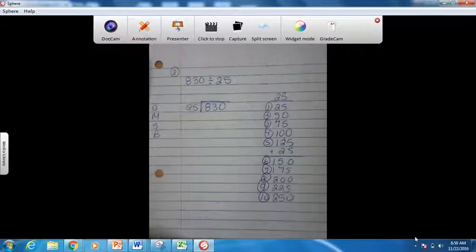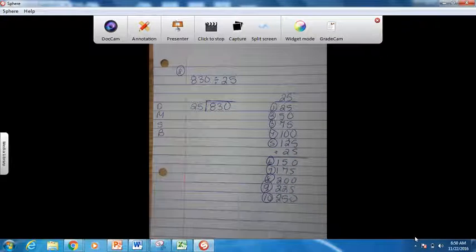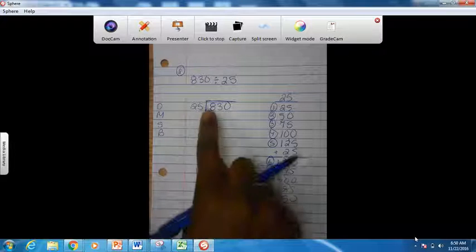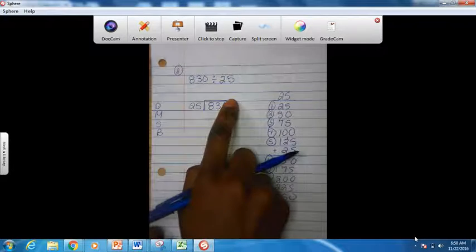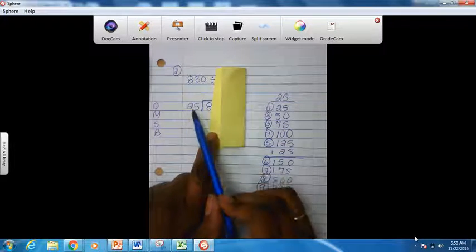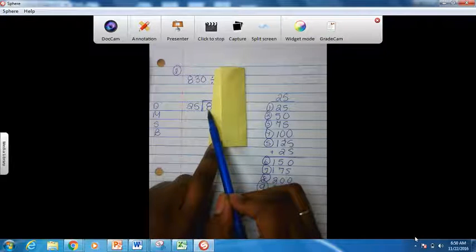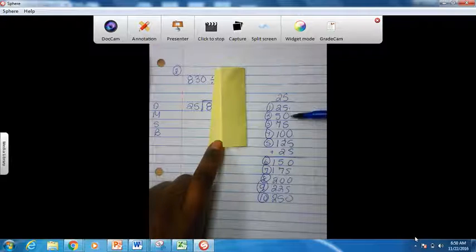Alright, so I finished my bag of tricks. I wrote down my steps. Now I'm going to divide 830 by 25. We only focus on one digit at a time. So I want to know, how many times can 25 divide into 8? Well, on my list of products, can I get close to 8 but not more than 8?